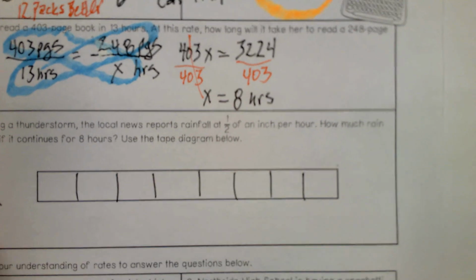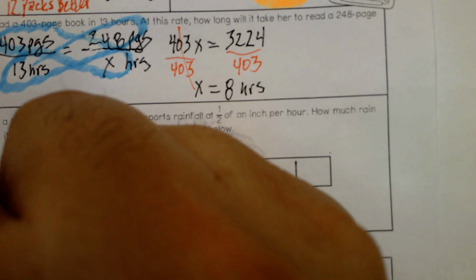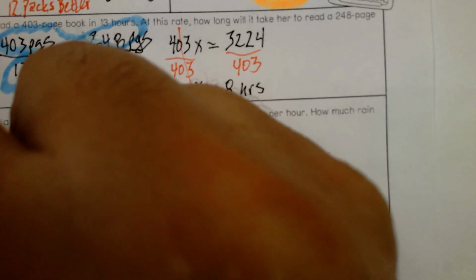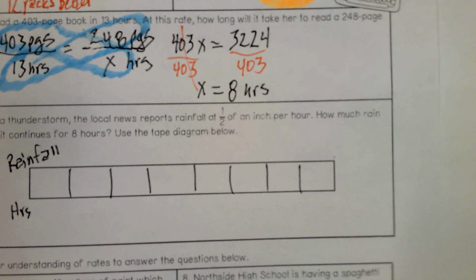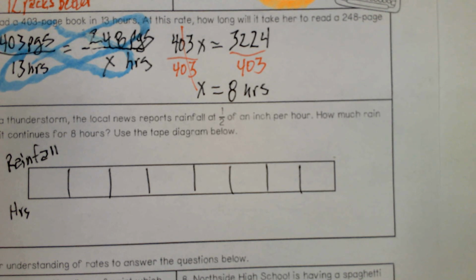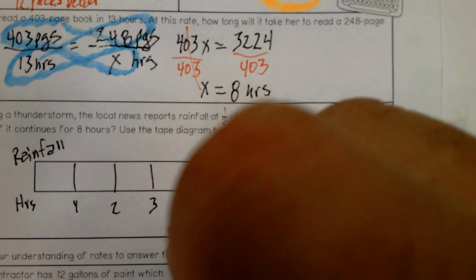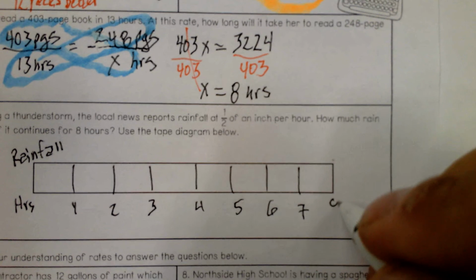So make sure you put 8 even divisions, everyone. Do that right now. And so this is ours. So 1, 2, 3, 4, 5, 6, 7, 8 hours.